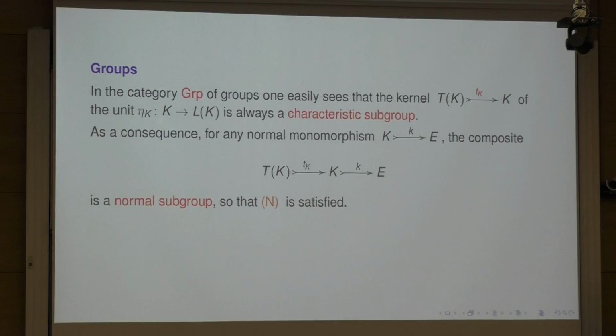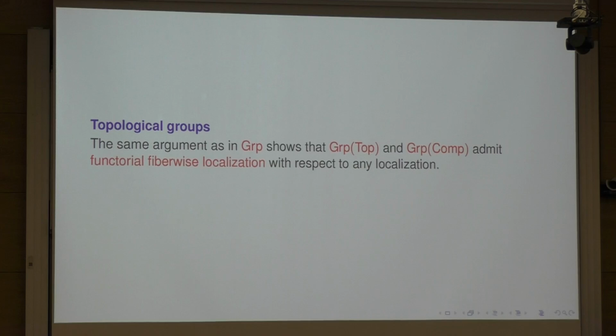So condition N is satisfied, and this categorically explains why we have so many examples of fiberwise localization in the category of groups. The same argument as in groups is true also in topological groups and in compact groups.